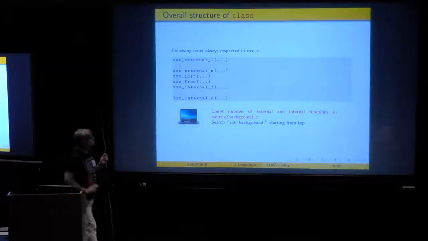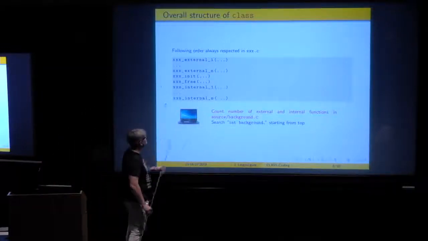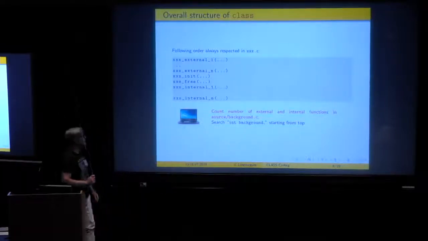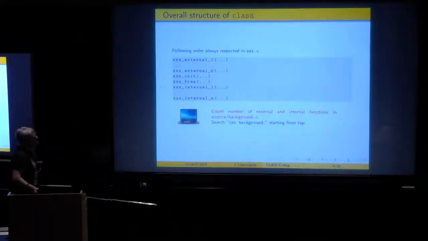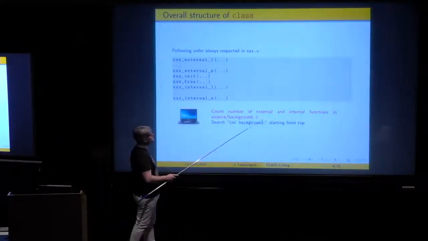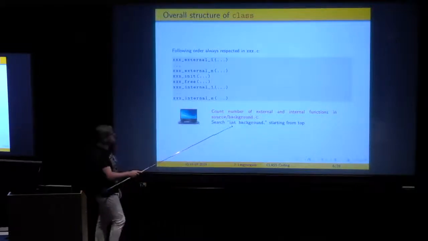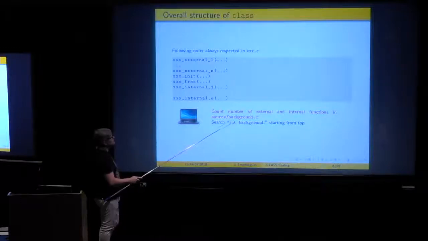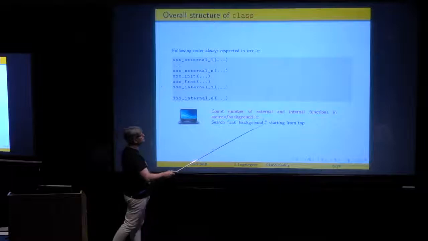If you want to check this, for instance, you can go to the background.c file. We say that all the functions in a given module start with the name of the module, so background underscore. And they are always integer. I will explain why in a while. This is related to error management. So you can be sure that all the functions in background.c start by int background_.